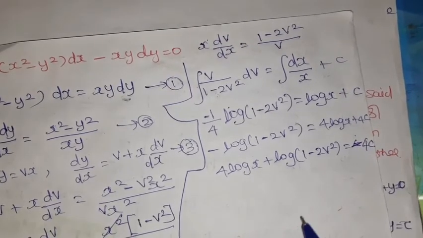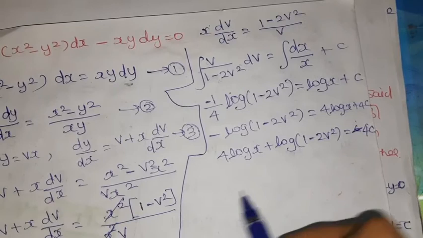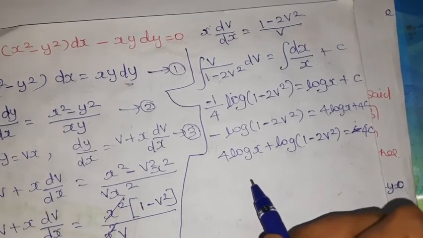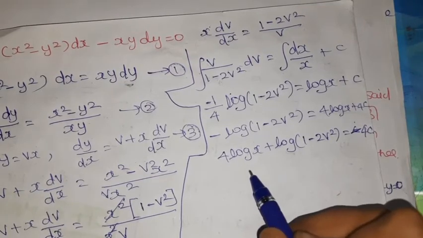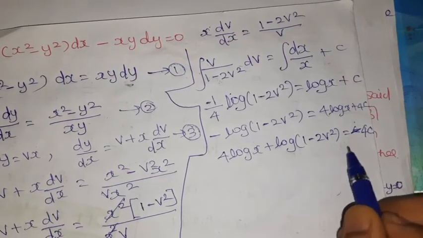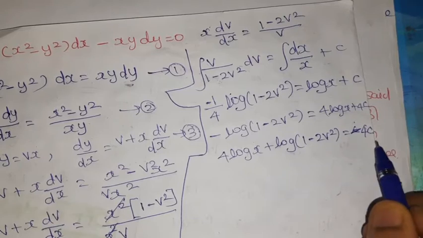So what we get is 4 log x plus log of 1 minus 2v squared equals minus 4c.